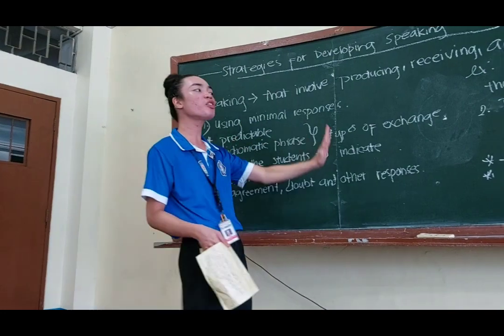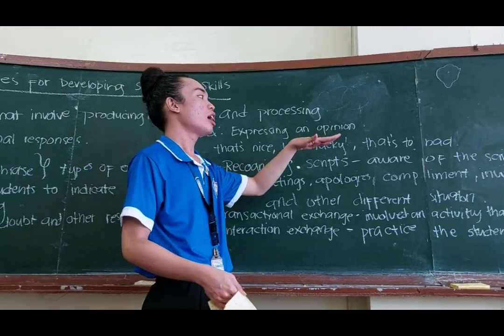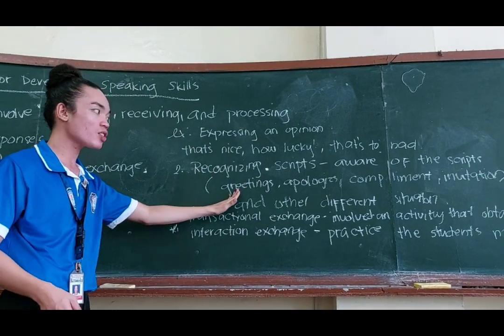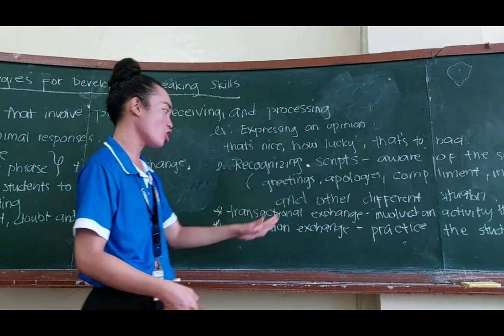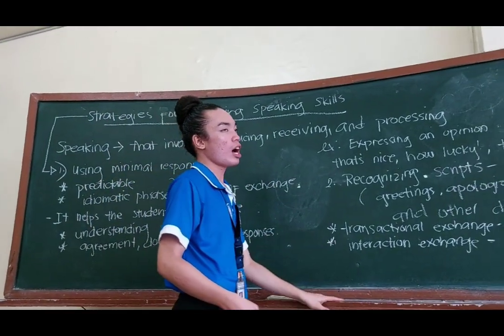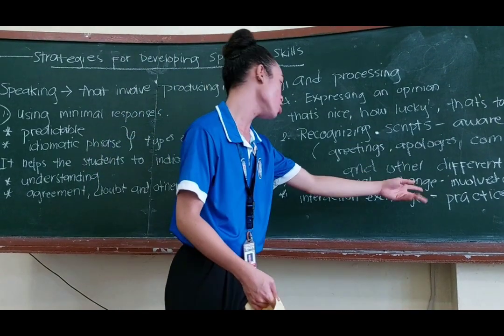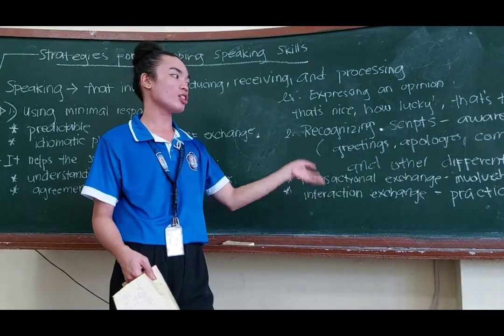And then the second one, recognizing scripts, is being aware of the scripts such as greetings, apologies, compliments, invitations, and other different situations. And there are 2 types of script: the transactional exchange and the interactional exchange script.